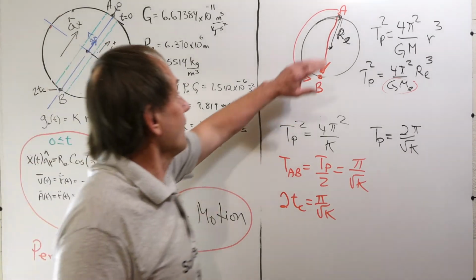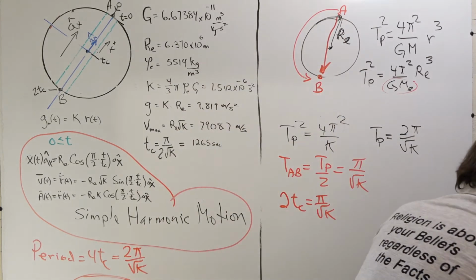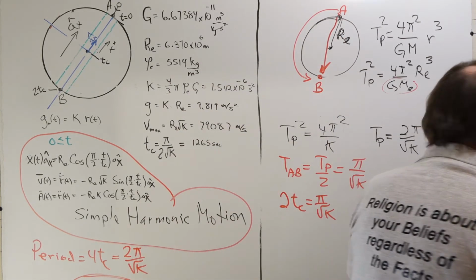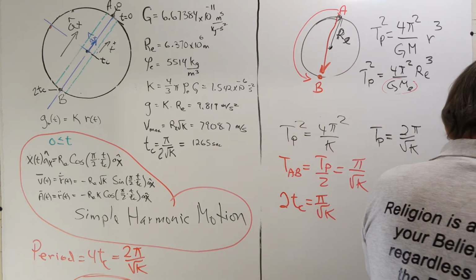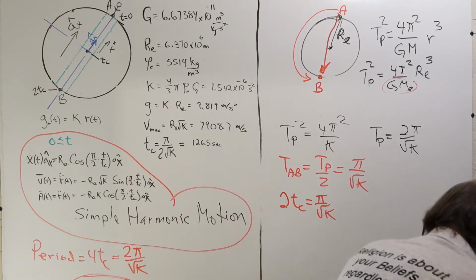So this is all a fundamental property. It doesn't matter if you're orbiting or if you cut a hole in the Earth. It all takes the same amount of time to go from one side of the Earth to the other. This is utterly miraculous.